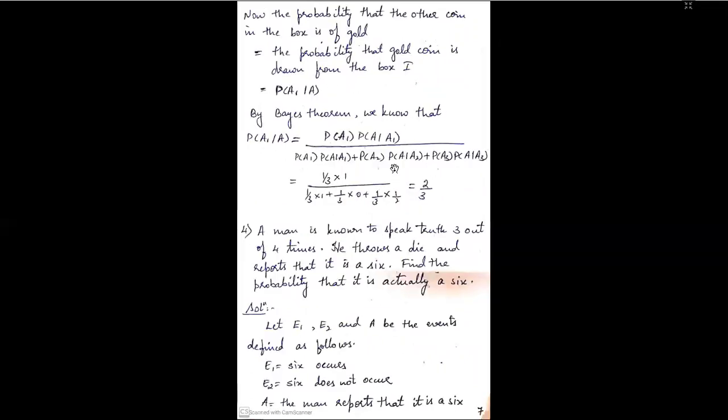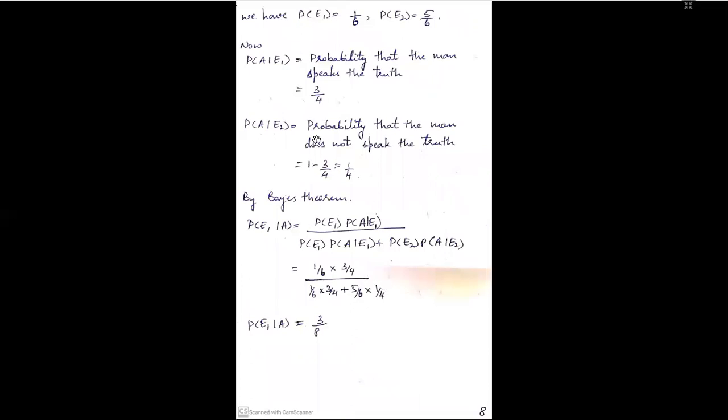So what is the probability of E1? You throw a die here, and when you throw a die, 6 comes only once. So the probability of E1 is equal to 1 by 6 and the probability of E2 is equal to 5 by 6. Now the probability of A given E1 is the probability that the man speaks the truth.